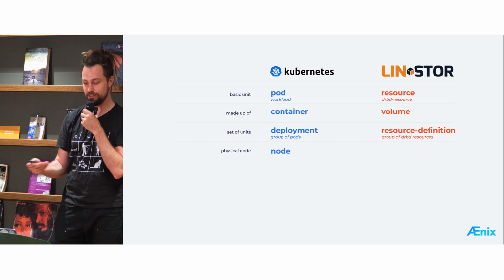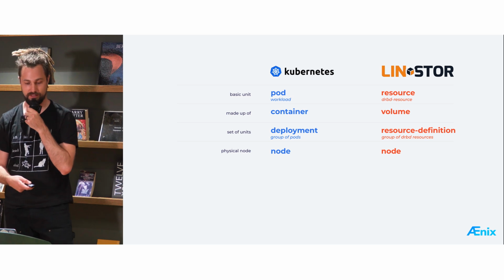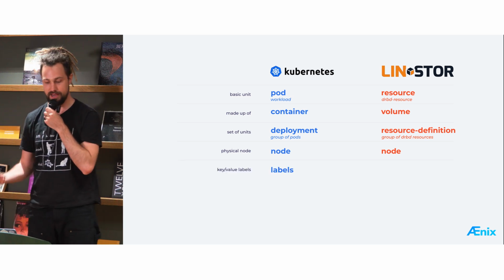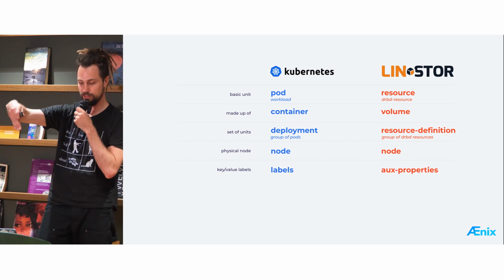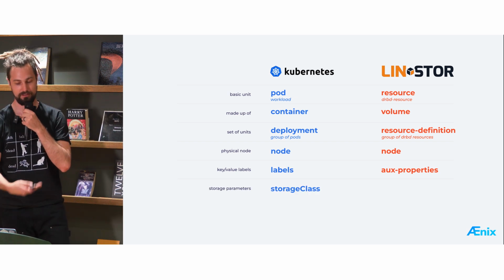In LINSTOR, we have just the controller. Kubernetes exports Prometheus compatible metrics, and LINSTOR also does that. The agent for Kubernetes, which is installed on every node, is called kubelet. For LINSTOR, it's called satellite.